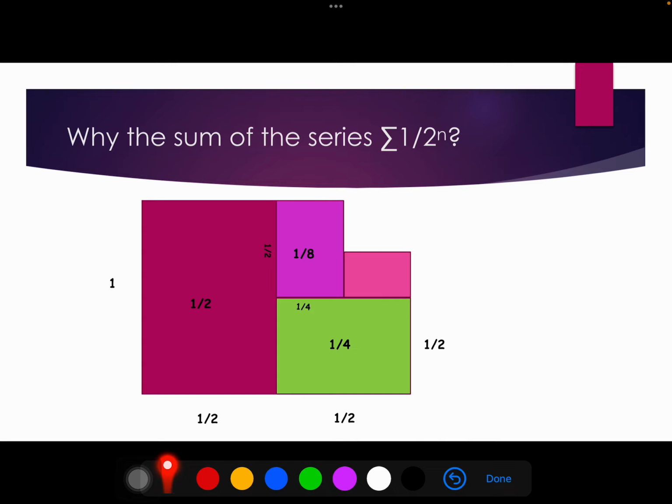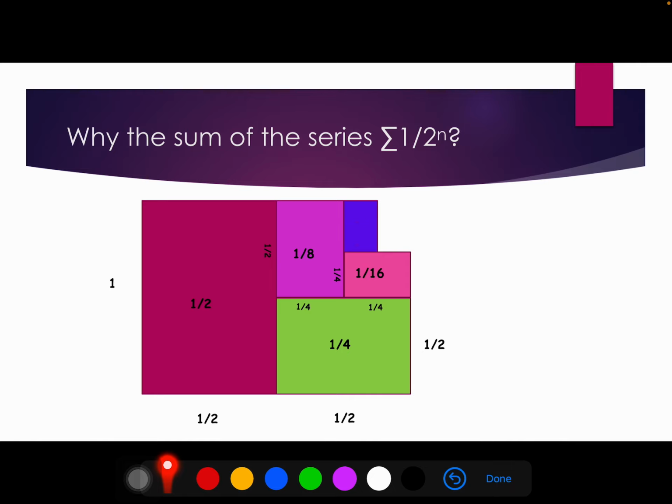Next I'll add another square whose sides are 1 by 4 and 1 by 4, so the area will be 1 by 16. Next I am going to add this blue rectangle. The sides will be 1 by 4 and 1 by 8, so the area will be 1 by 32.